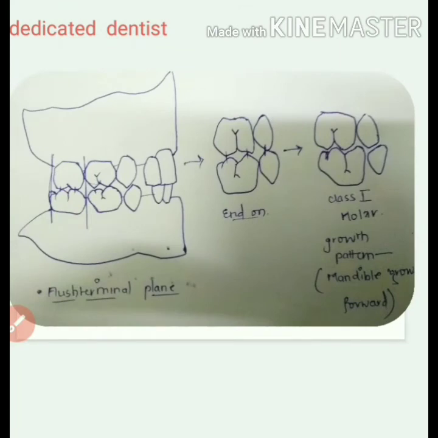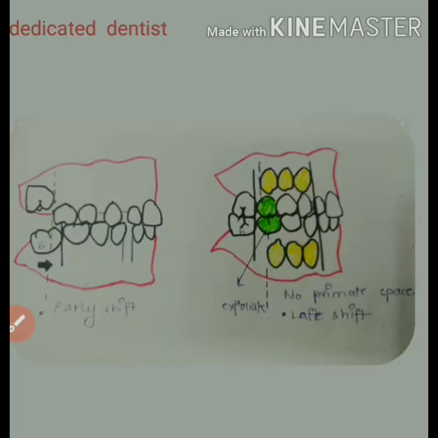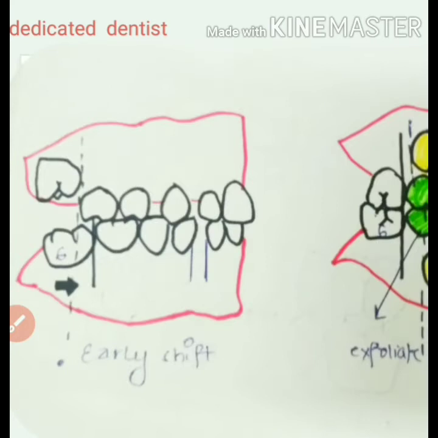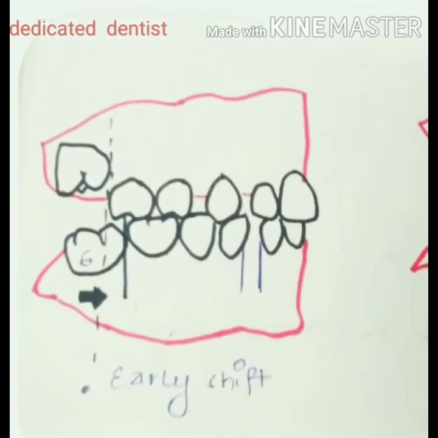Now again, there are two ways a class 1 molar relationship is achieved, that is by early mesial shift and late mesial shift. How the early mesial shift happens is, we have primate spaces, we talked about before, mesial to the maxillary canine and distal to the mandibular canine.